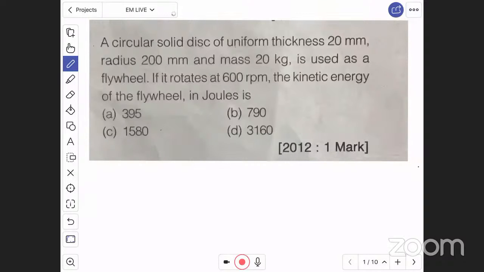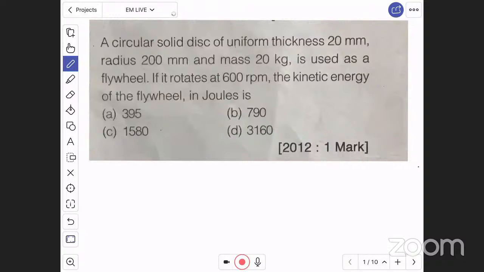In IC engine, area enclosed by PV or TS diagram is called work, and work divided by time is power. And we have formulas to find power in IC engine subject. And from power, we have to find torque. That is, power is equal to 2 pi NT upon 60. From there, you can calculate torque in case of vehicles. Right. Now, let us solve the numericals.